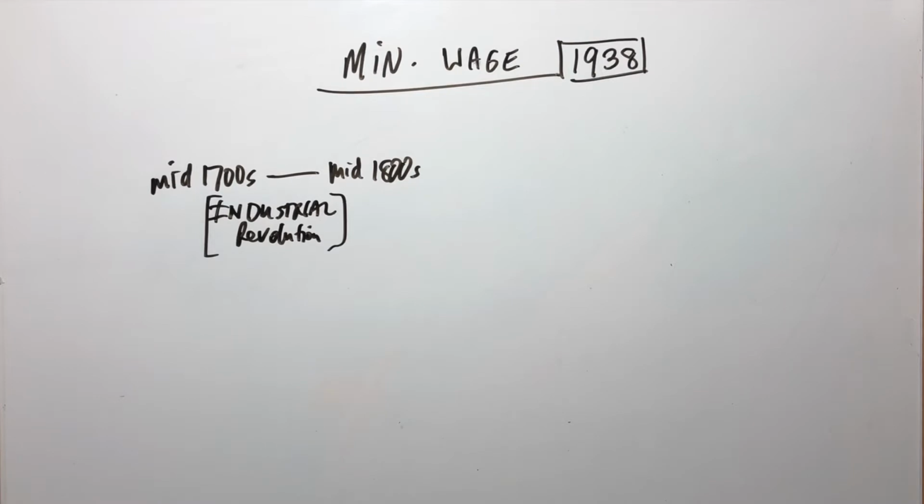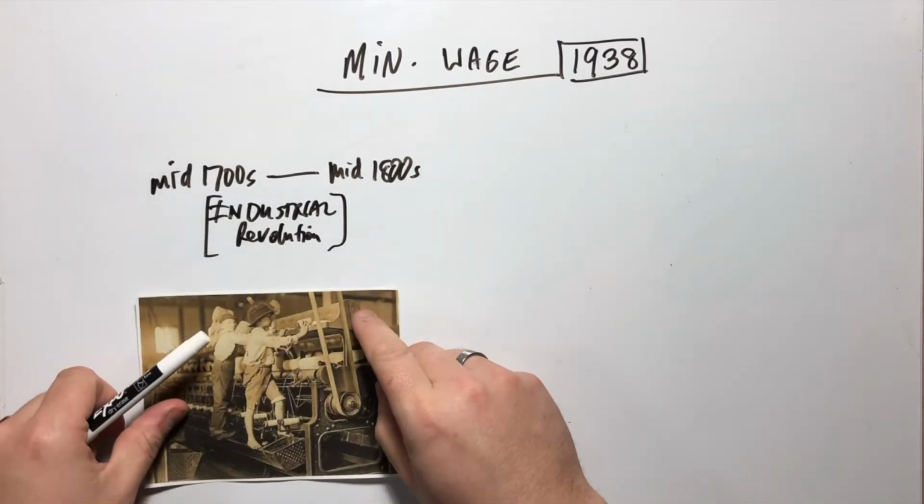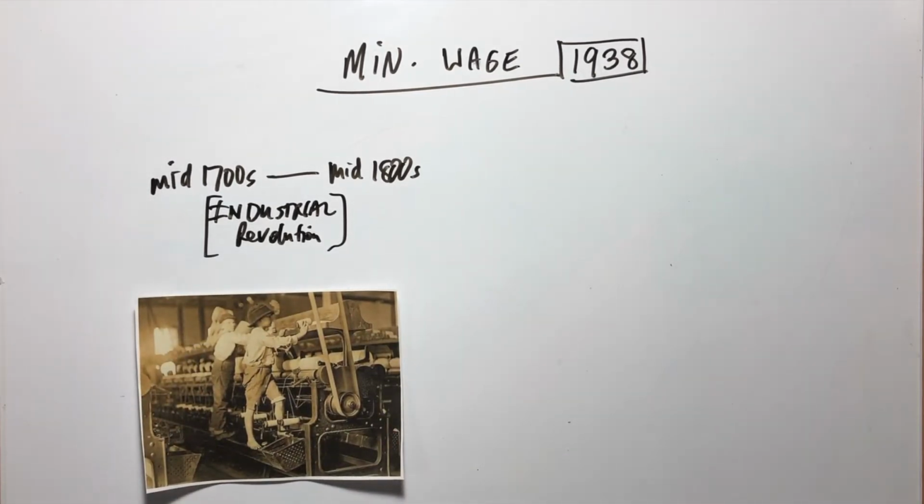So many of the workers in the factories at that time were children. Many people in factories labored 14 to 16 hours a day and didn't always get paid wages that were sufficient to live a comfortable life.